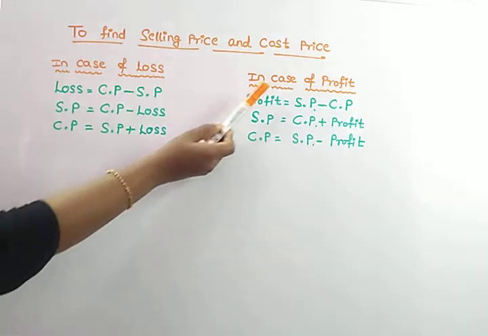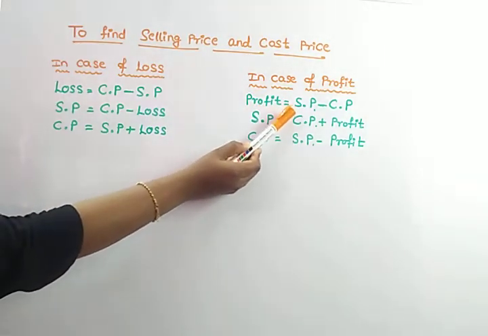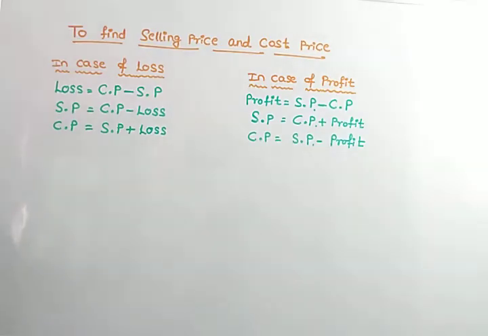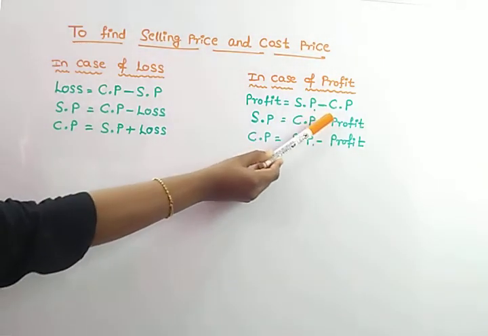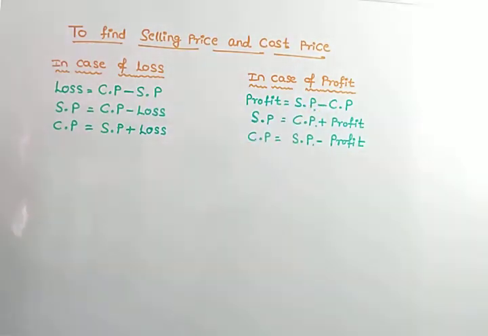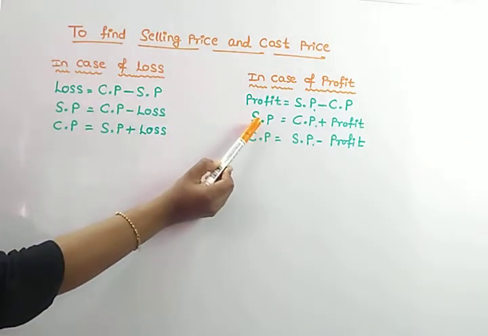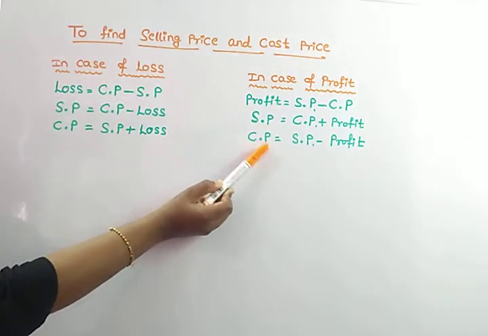Similarly, in case of profit, profit is equal to selling price minus cost price, because in this case cost price is less than selling price. So SP minus CP. So in case of profit, how to find the selling price and the cost price?